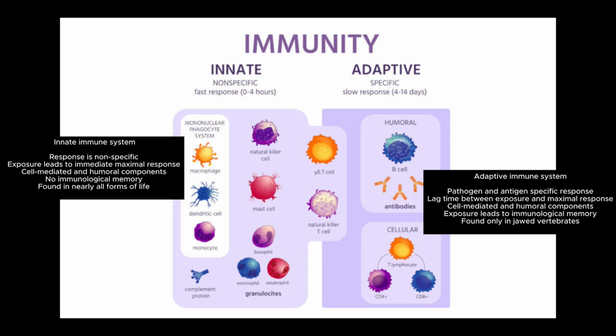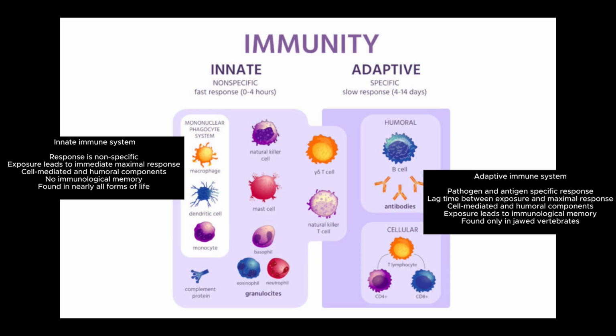So the innate immune system can't remember what's happened to you in the past or what pathogens you've been exposed to in the past. It only responds to infections or pathogens identified at the present, and it responds immediately and maximally. So it sees a threat and immediately responds to the maximal possible degree. And the reason it can do that is because it pretty much has only one set of responses.